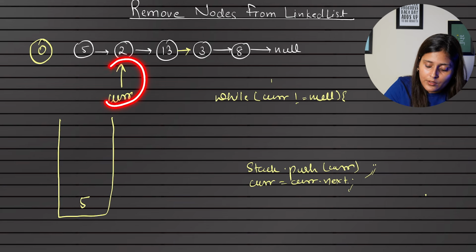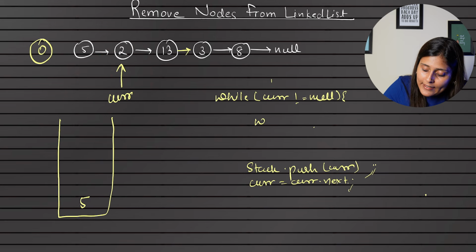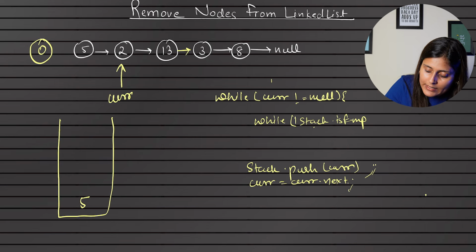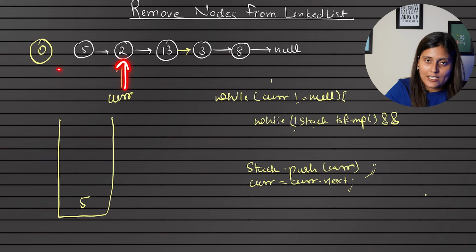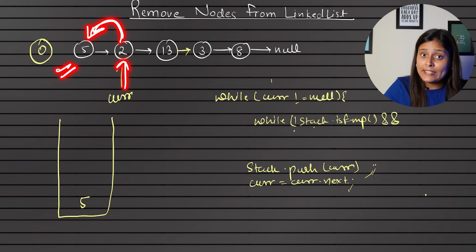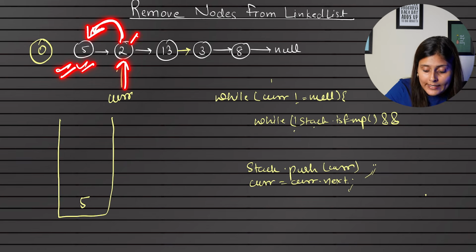Now for 2, don't you think we should look back in the stack? So can I write while my stack is not empty? Yes. And along with that, 2 will say yes, stack is not empty. But what is the popping condition? Stack dot peek needs to be greater than the current element.